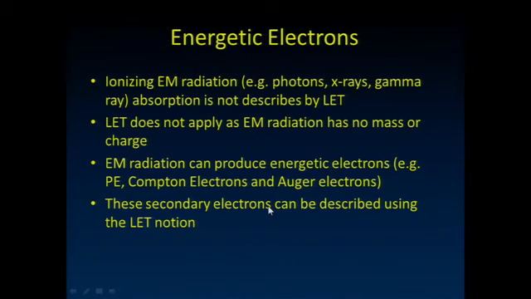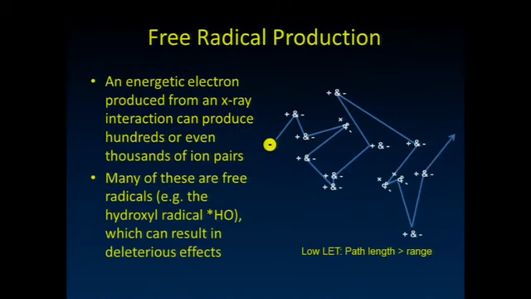So it shouldn't be surprising that when we look at the relative weighting factors of how much damage different types of radiation do, gamma rays and X-rays really fall in the same category as low LET radiation like energetic electrons, okay?